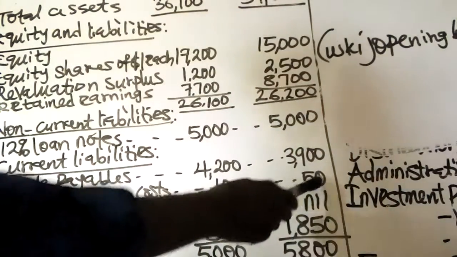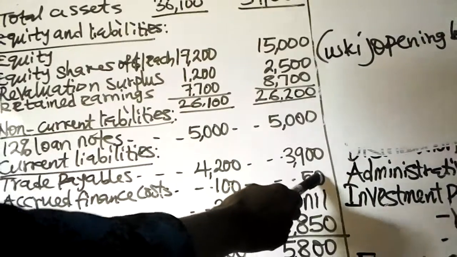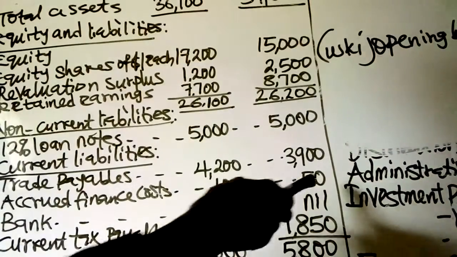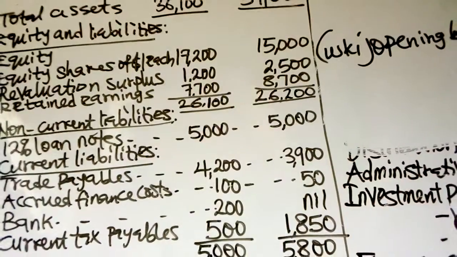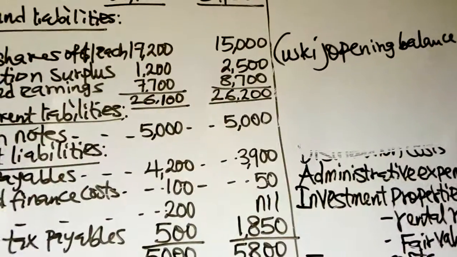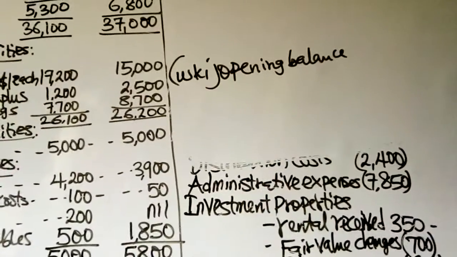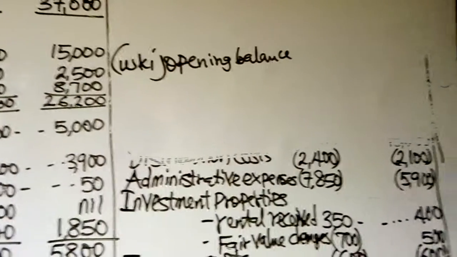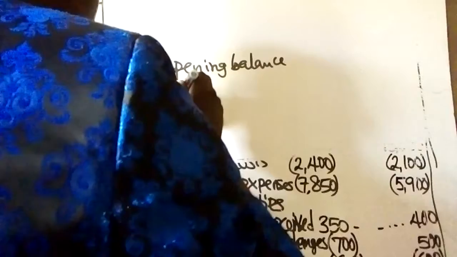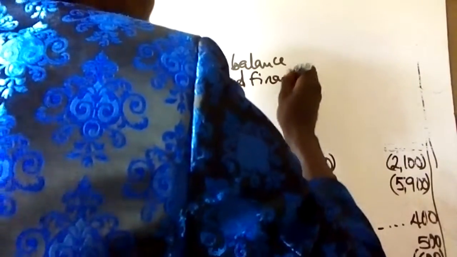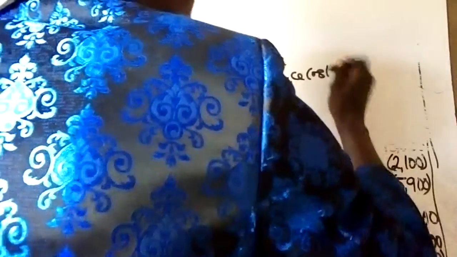Opening is 50, while closing is 100. You start with the opening, which is 50. That is opening accrued finance cost, which is 50.